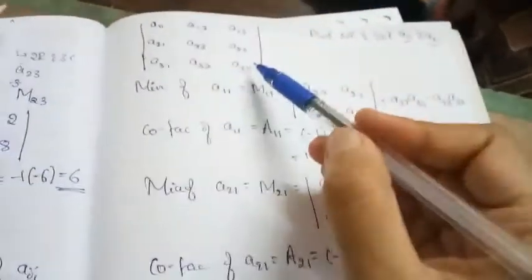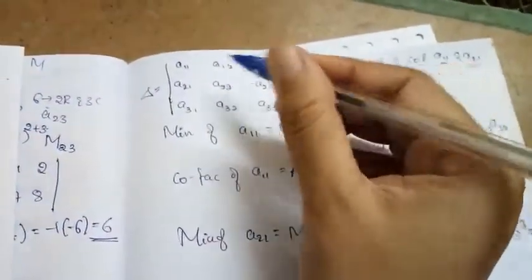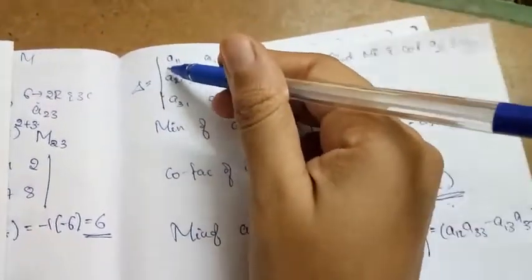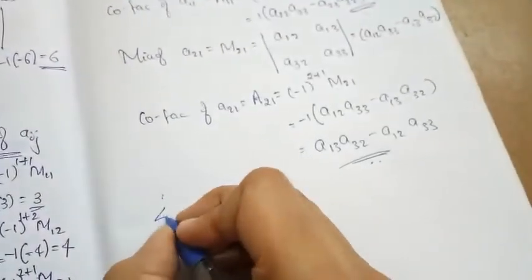Now here we have a general representation. Now I need to get the determinant value of this one. Suppose I say to expand this along row 1, how are we going to expand according to our previous knowledge?